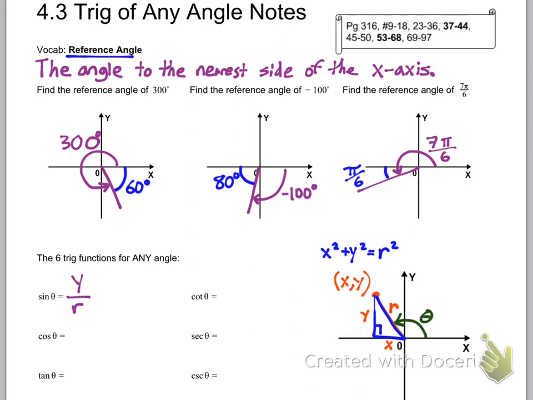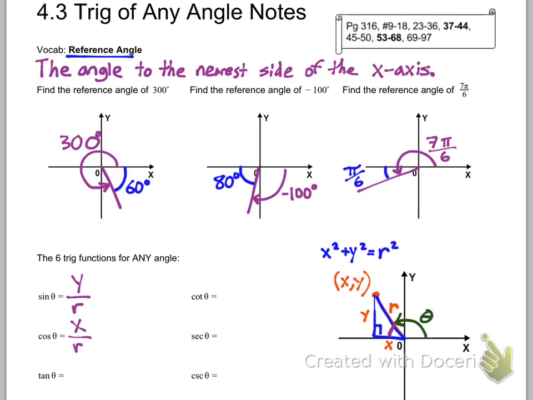For example, if we're looking at our angle, and this is the reference angle right here on the inside there, sine of that reference angle is opposite over hypotenuse, so SOH. So y over r is actually the value of sine of theta. Now notice here y would be positive, and r is always positive, so sine is going to be a positive valued function.